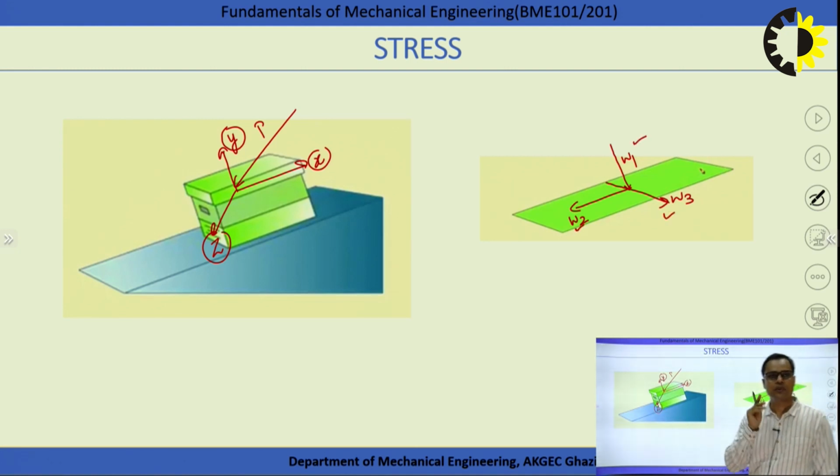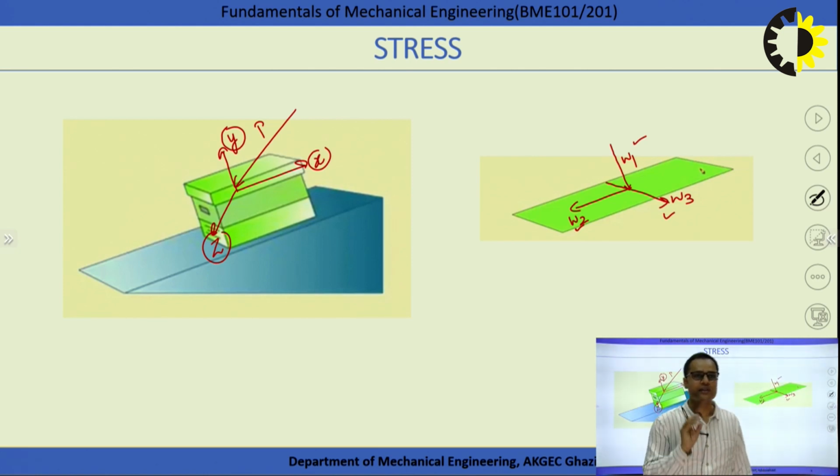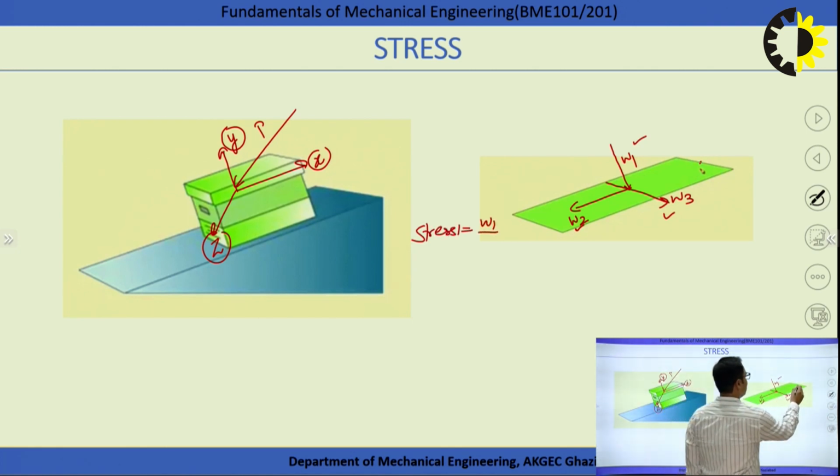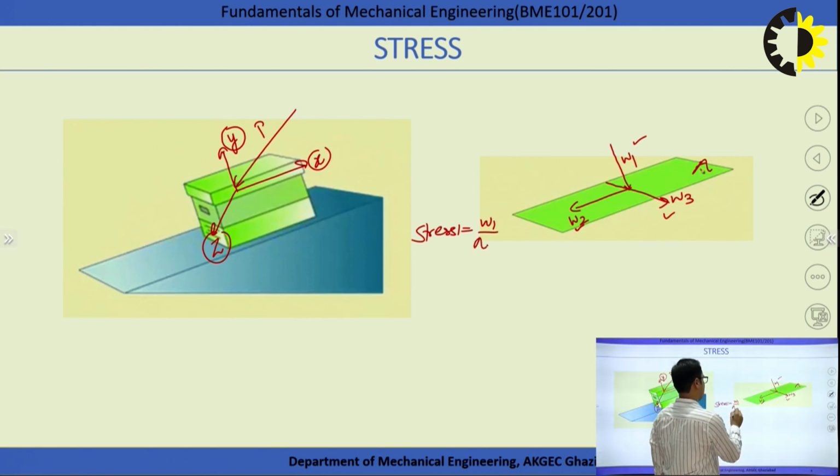Again I am restricting to the same definition. Stress is nothing else but load by area. So how can I write? Suppose the area of this plane is A. Stress 1 is equal to W1 by A, stress 2 is W2 by A, and stress 3 is W3 by A.